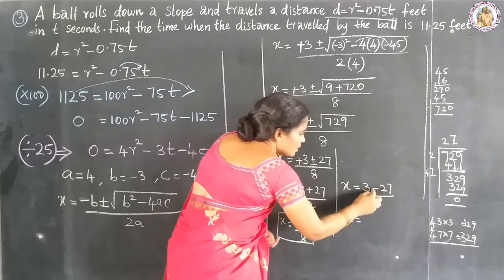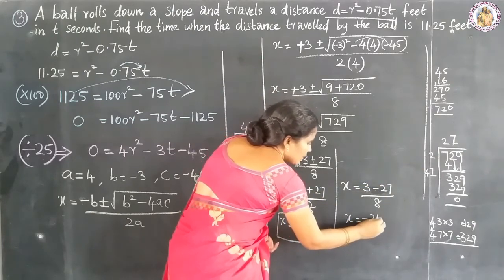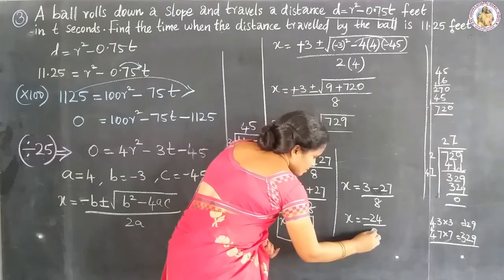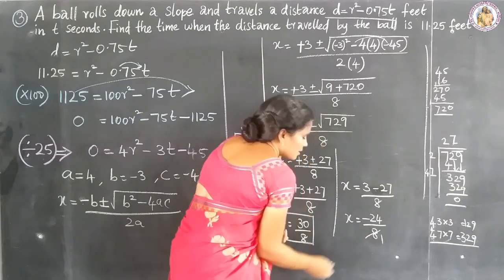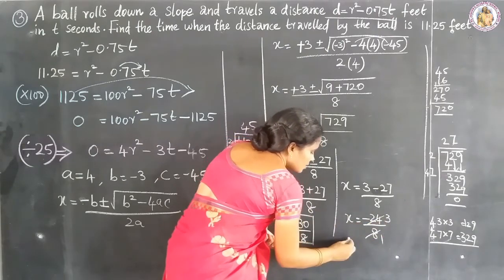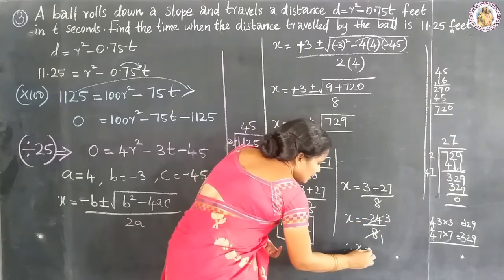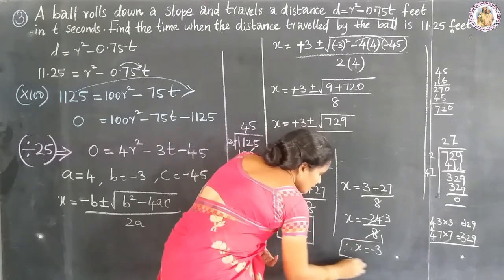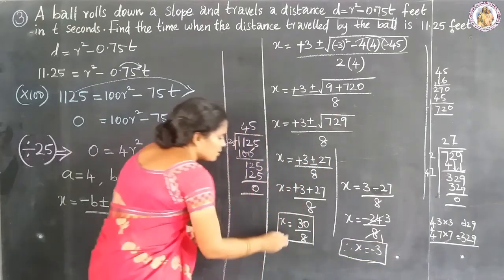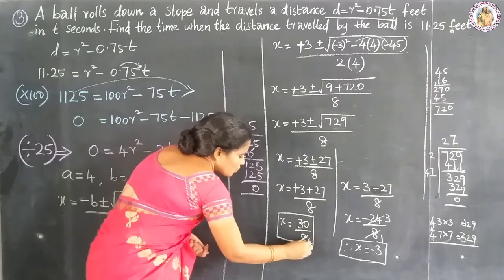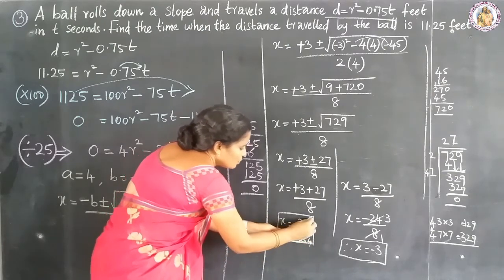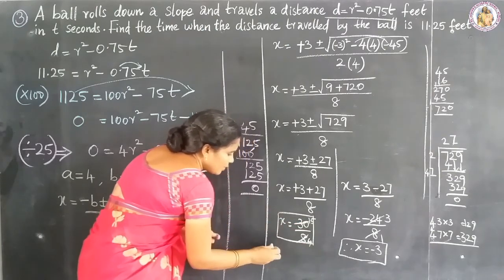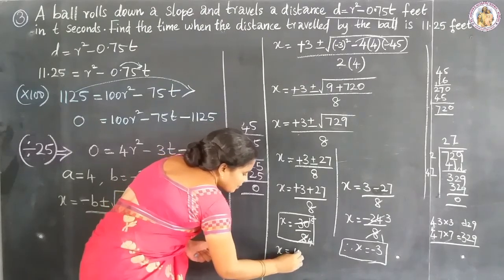Here we have 27 greater, so minus 24 by 8. 8 threes are 24. So therefore x is equal to minus 3. And here also we will go in two tables: 2 fifteens are 30. So therefore x is equal to 15 by 4.